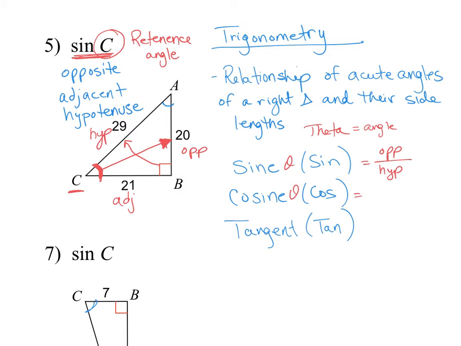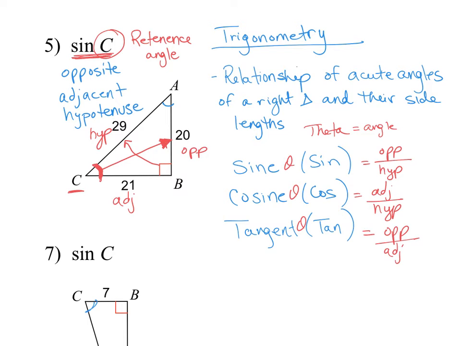Cosine of theta is the length of the adjacent side divided by the hypotenuse. And the tangent of any angle is equal to the length of the opposite side divided by the adjacent side.